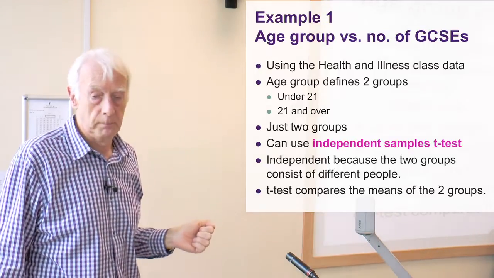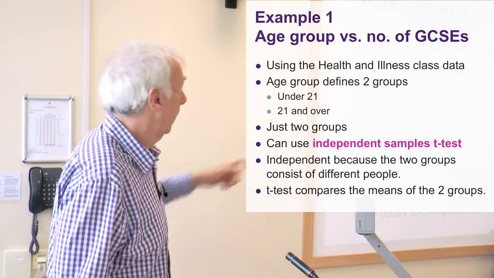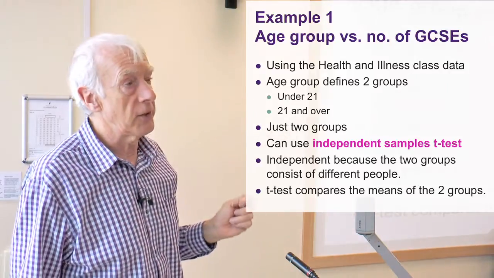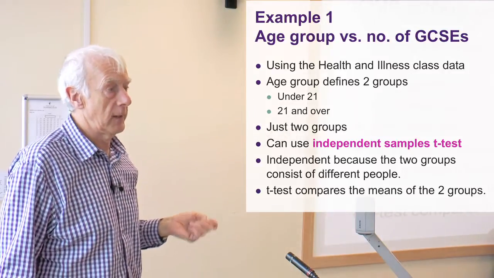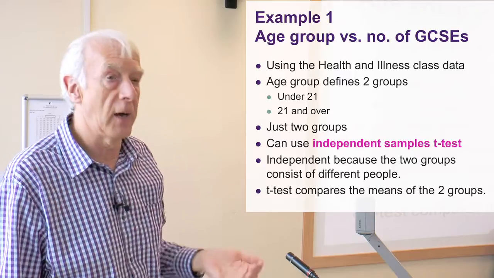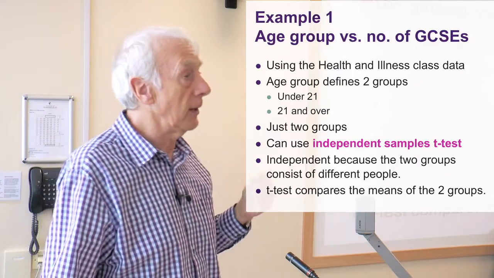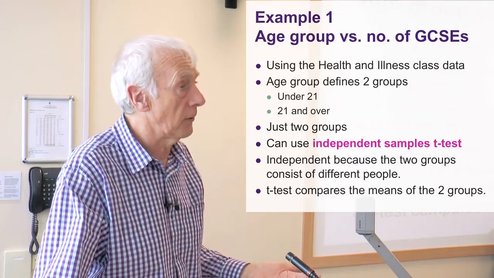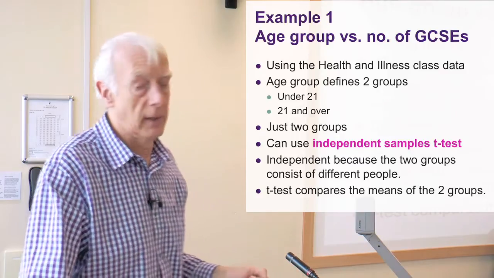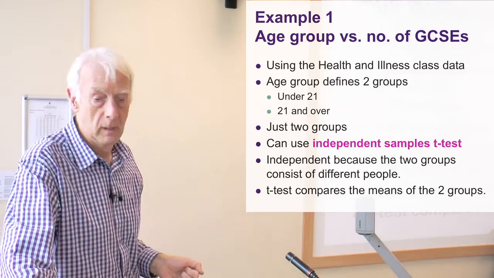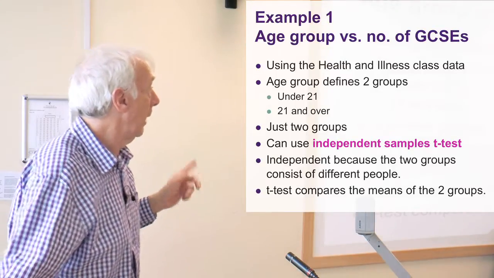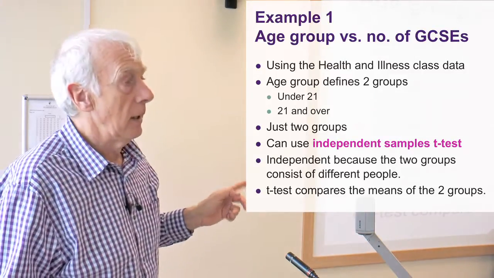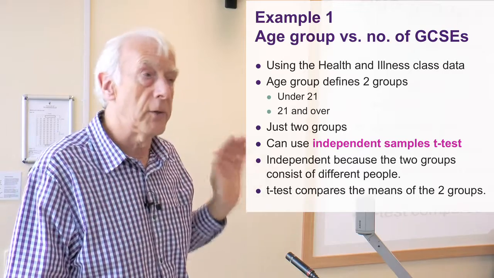We can see. And to do that, we use what's called the independent samples t-test. So that's the statistical test that enables us to judge whether we have got a statistically significant difference or no difference at all, whether we can reject the null hypothesis or whether we have to accept the null hypothesis. The t-test is limited in that it can only look at the comparison of two groups.